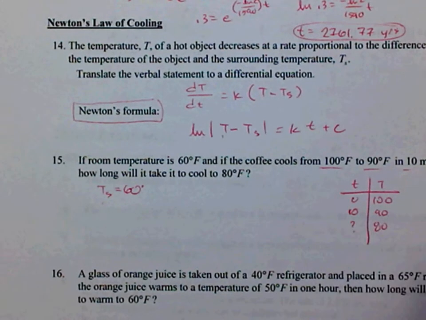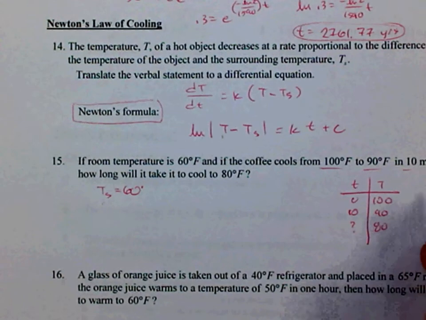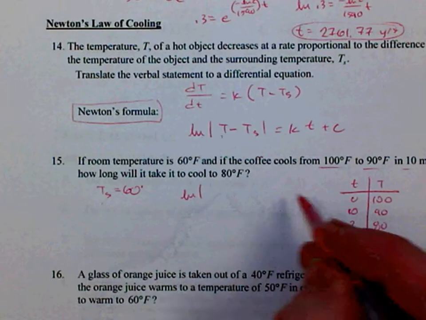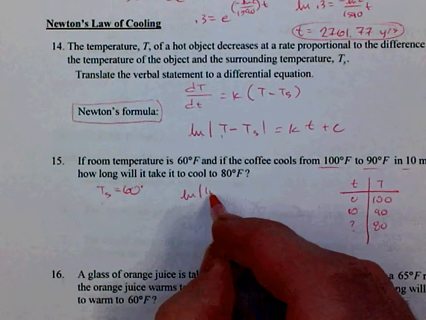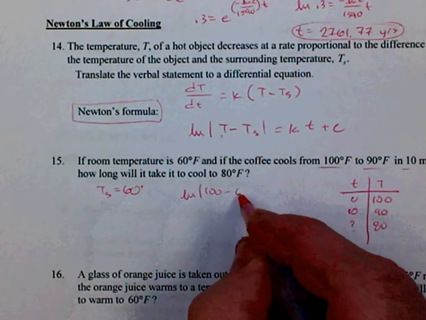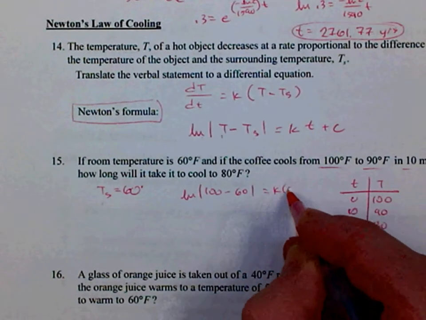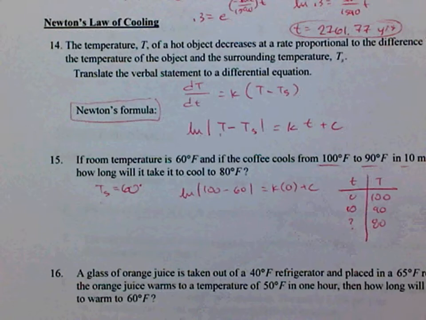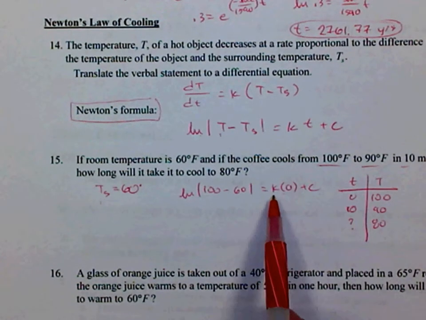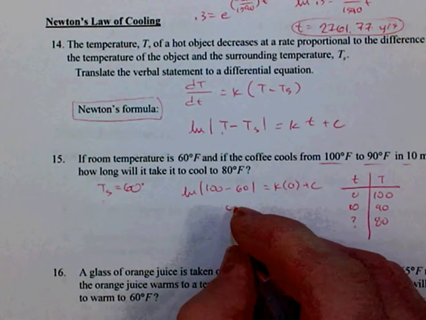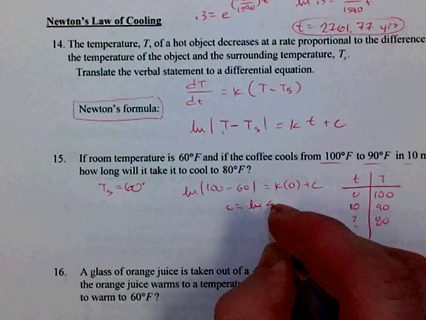So let's use some of this information in our equation. The natural log of that initial temperature, 100 minus the surrounding temperature of 60, is going to equal K times 0 plus C. We're going to use that portion to solve for C. t is 0, 0 times K is 0, so C is just going to equal the natural log of 40, 100 minus 60.